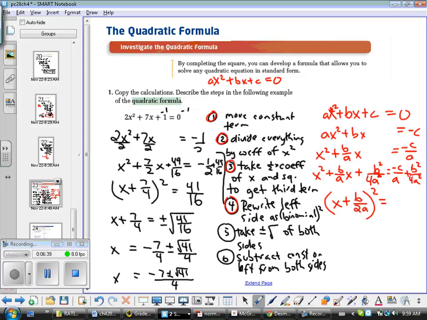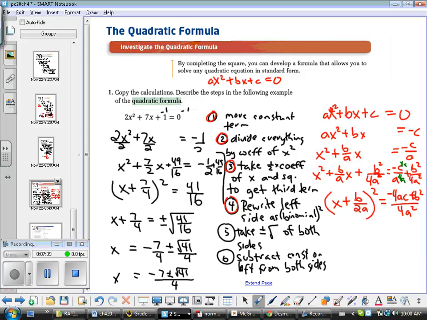We would have had to multiply the top and bottom of this one by 4a to make a common denominator, and that would have become negative 4ac over 4a squared. So negative 4ac plus b squared over 4a squared.